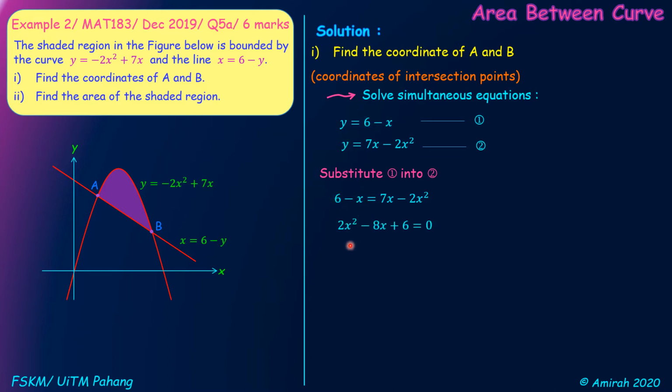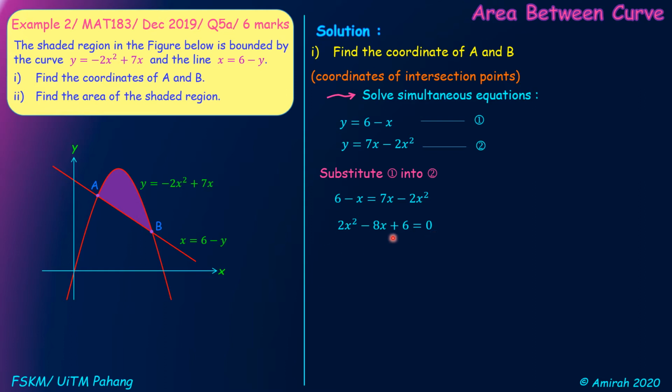After that, we get a quadratic equation. To solve a quadratic equation, we need to write one side equal to 0. We arrange the first term as the term containing x squared, the second term as the term containing x, and the third term as the constant, and the other side should be 0.